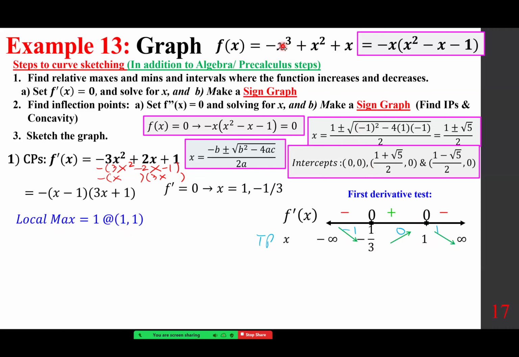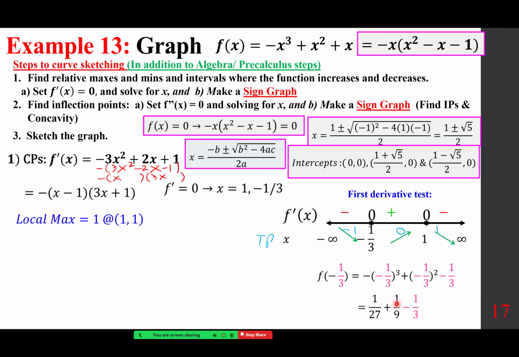I plug in negative 1/3 and I work it out. So I get minus negative 1/3 cubed plus negative 1/3 squared minus 1/3. Now negative 1/3 cubed is negative 1 over 27. This makes it positive. Plus this becomes positive 1 over 9 minus 1/3. 27 is the LCD, the least common denominator.